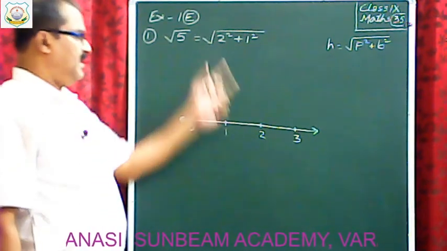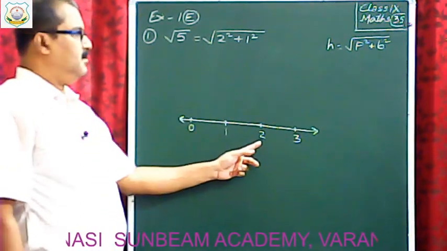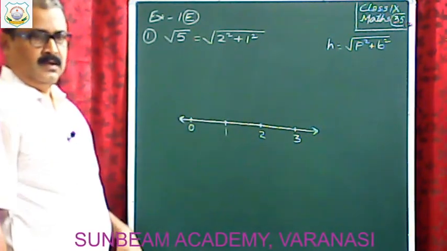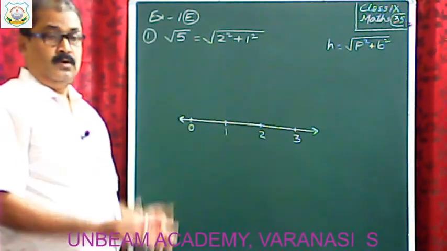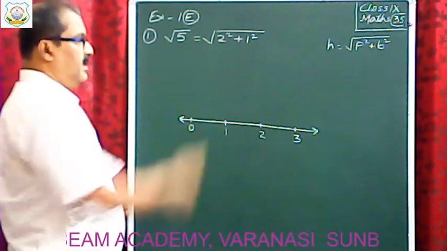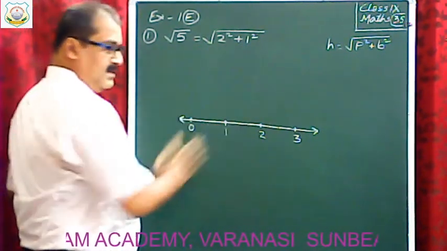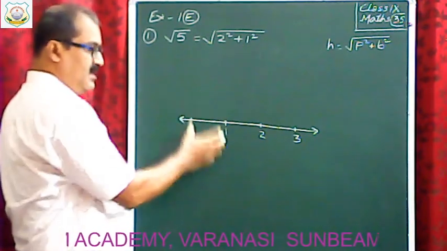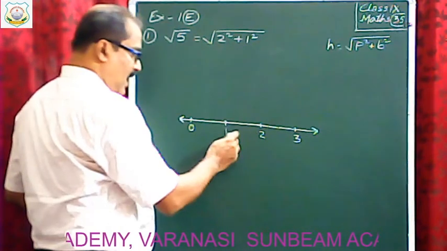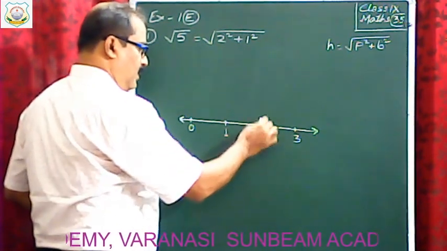Thereafter, taking 2 units as base, we have to draw a perpendicular. Finally, we are going to draw a right triangle. You can also take 1 unit as base, no problem at all.